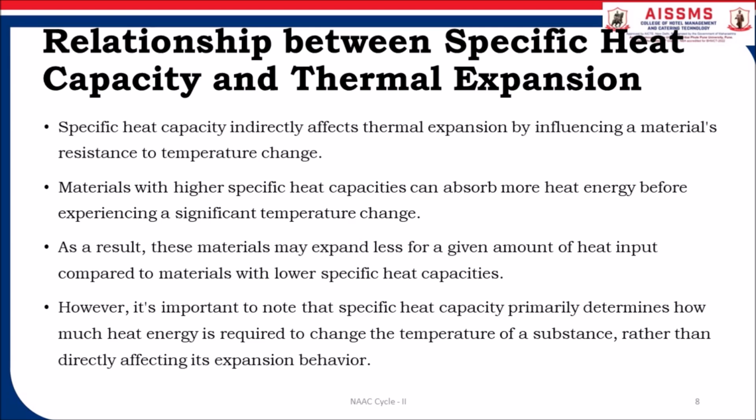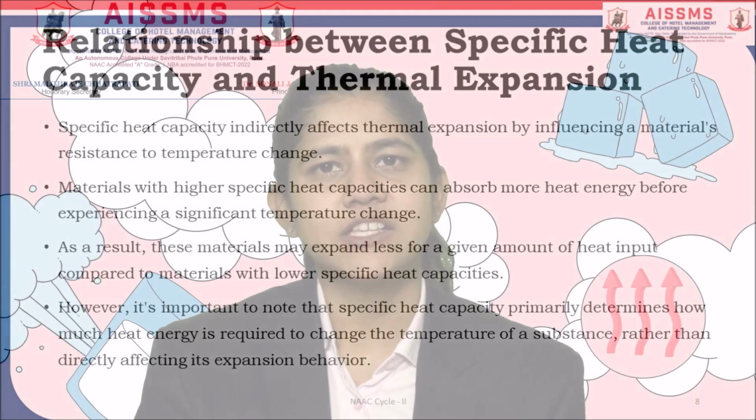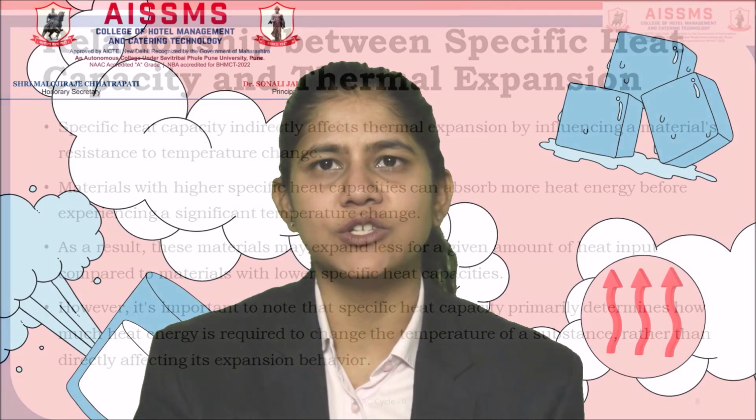and causing the material to expand in all directions. So while specific heat capacity primarily affects how much heat energy is required to change the temperature of the substance, it indirectly influences thermal expansion by determining how much heat energy a material can absorb before experiencing a significant temperature change and subsequently expansion.